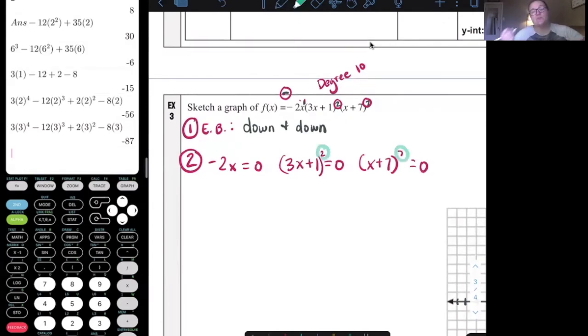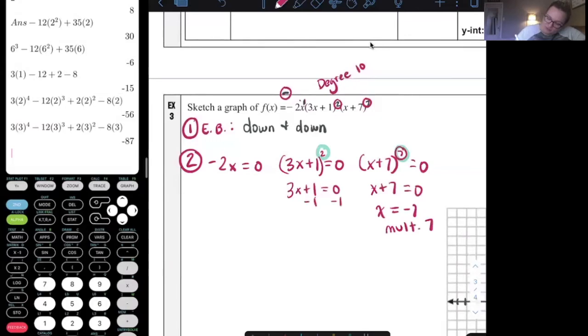Do you remember the term we used to describe an x-intercept happening multiple times? Multiplicity. So what's handy about this is that all we have to do is solve 3x plus 1 equals 0 once, and x plus 7 equals 0 once, and then we'll just say multiplicity 2 and multiplicity 7. So x is going to equal -7, multiplicity 7, because of this degree 7 here.